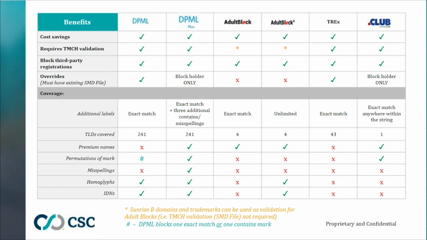Don't forget, you can always reach out to our team here at CSC. Both your existing team members, the strategic account management team, and our brand advisory team are here to help. So if you're looking for assistance with determining what brands to block, what your defensive domain name strategy should be, or which blocks are meaningful for you and for your organization, let us know. We're here to help.